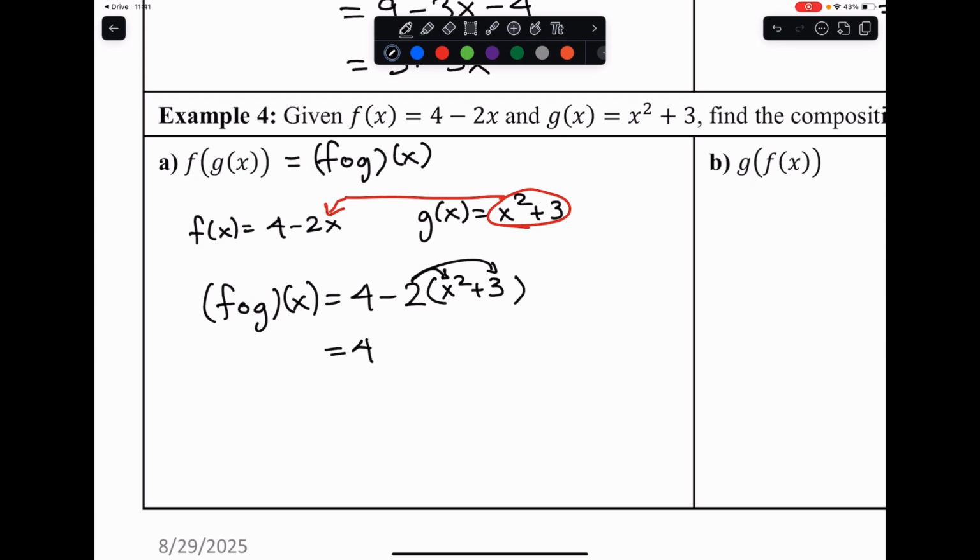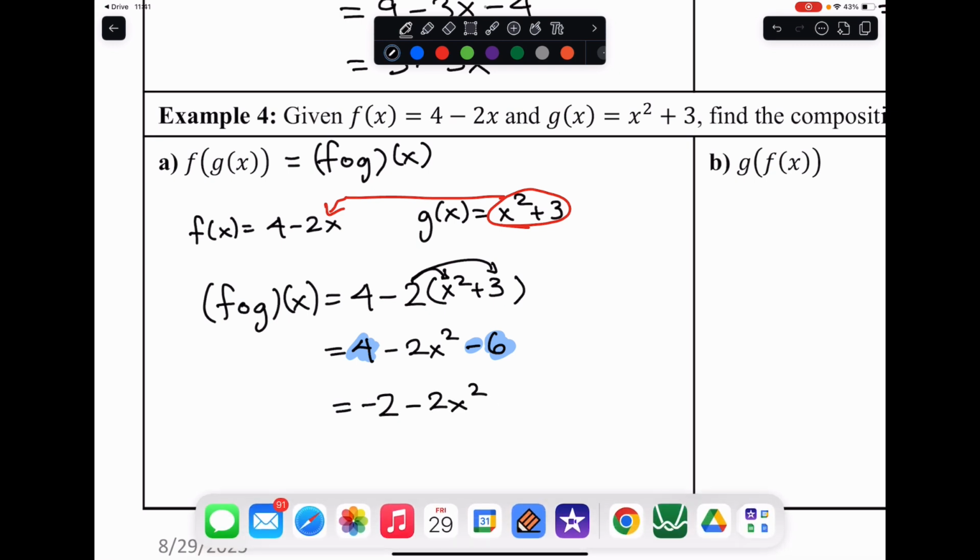So we have 4 minus 2x squared minus 6. And now combining like terms from left to right, we would get 4 and subtract 6 from it, which is negative 2. So negative 2 minus 2x squared. And there is your composition.